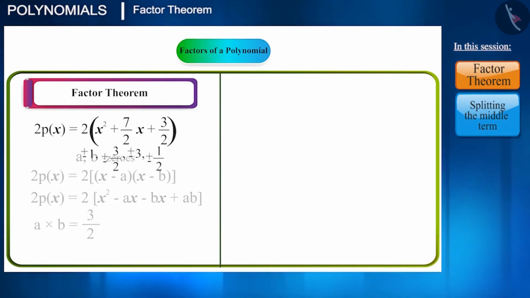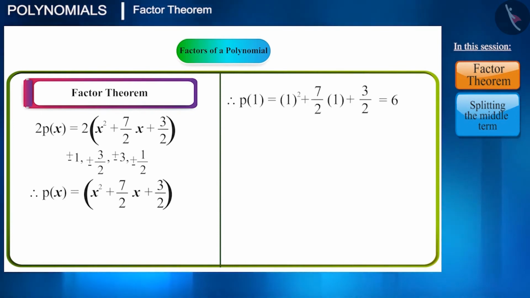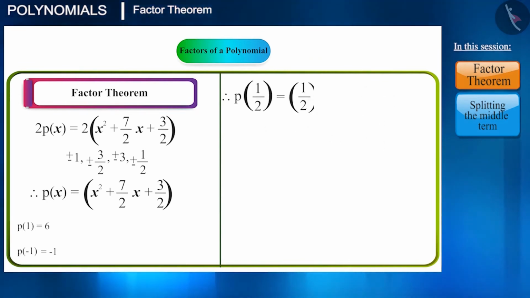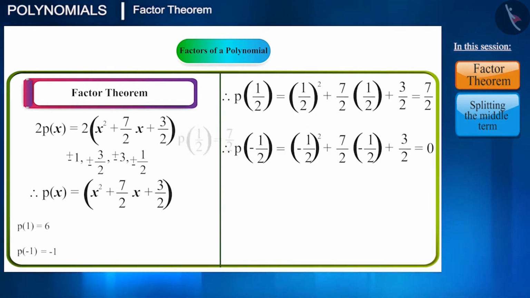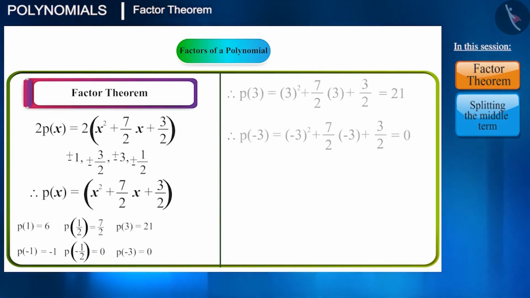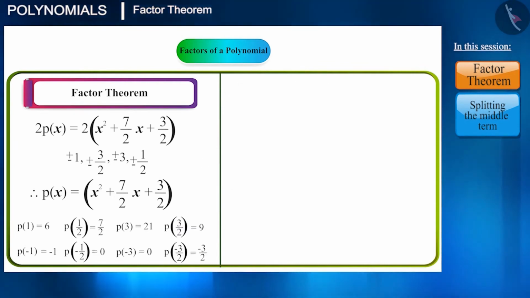Now, substituting all these values in the polynomial, we have to find which of these will make the value of the polynomial 0. P of minus 1 by 2 will be 0 and P of minus 3 will be 0.